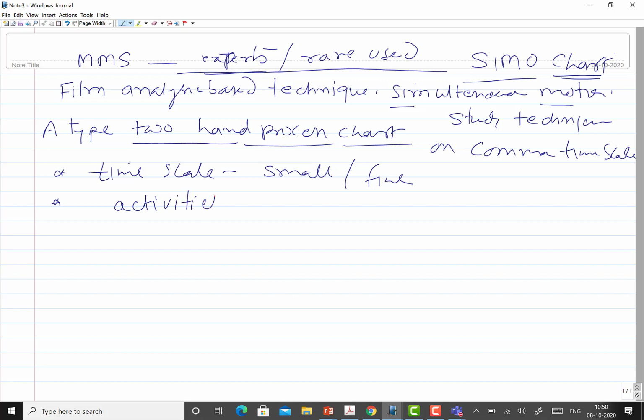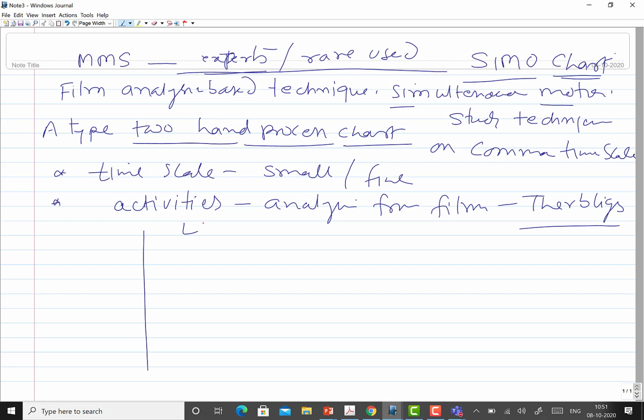Okay, the timing and the activities being done are analyzed or identified from the films. So films are seen to identify what are the different things being done, and that too in the form of thermbligs. Basically the activities will be shown in the form of thermbligs only.